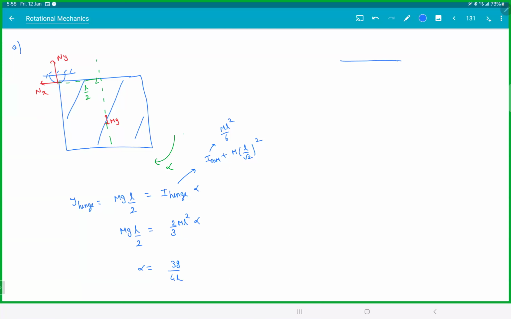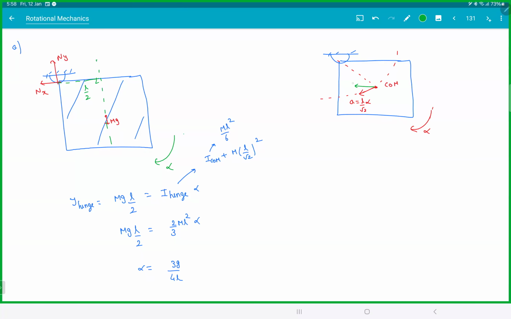So if you want to do that, this is the hinge. This is alpha. This is the center of mass, and this is going in a circle. So this would be the acceleration of the center of mass, which is L by root 2 alpha.